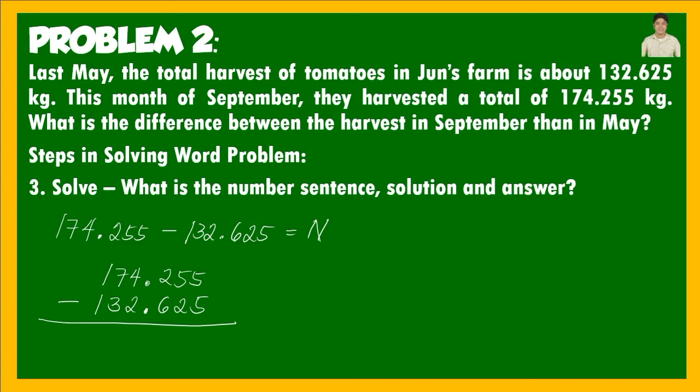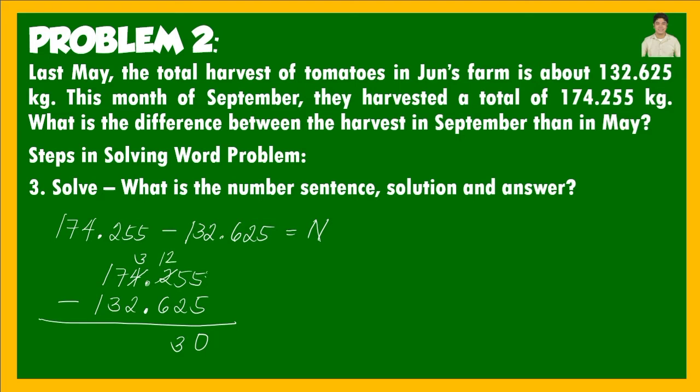So, 5 minus 5 is 0. So, we write 0. 5 minus 2, that is 3. And then, 2 minus 6 cannot be. So, manghihiram tayo dito sa 4. So, ang 4 magiging 3 na lang po siya. And then, yung 2 is magiging 12. Now, 12 minus 6, we can now subtract.